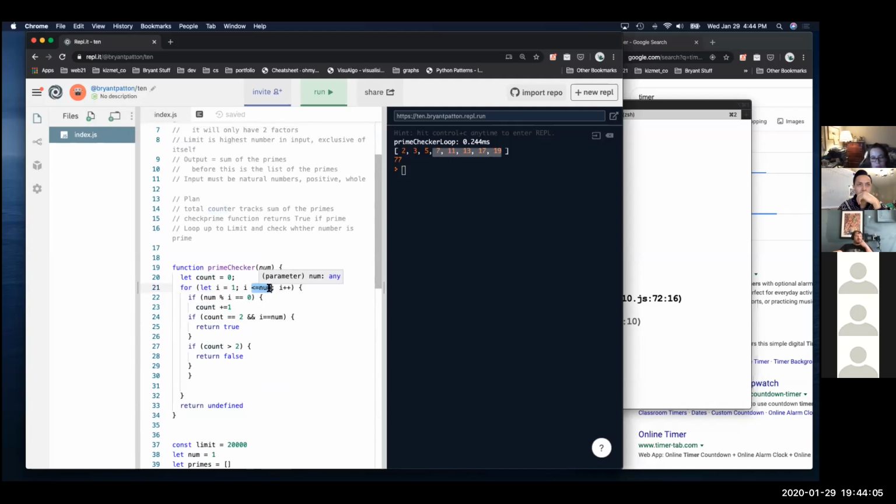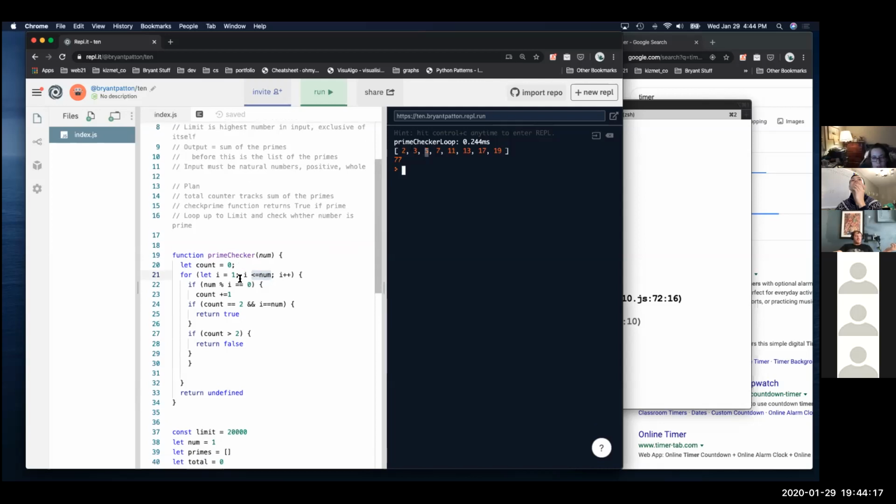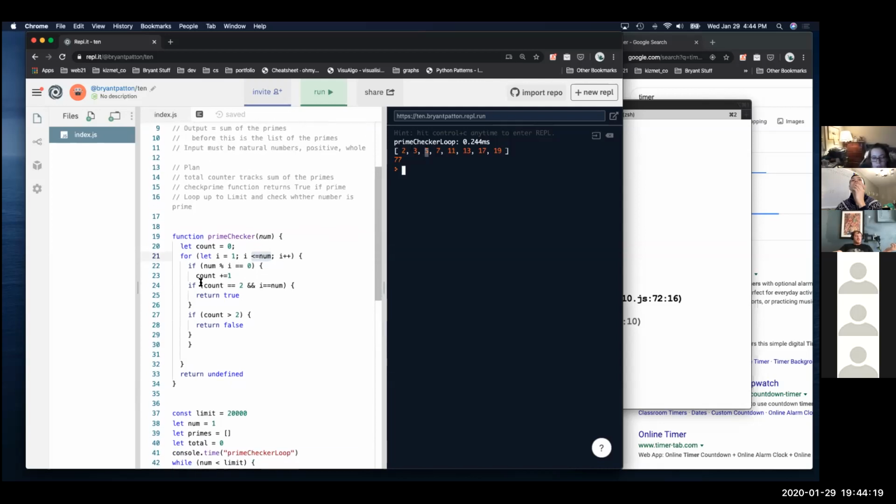Right. Yeah. So we're looping. If the number is 5, we're starting at 1 through 5, and count is the number of divisors. So num modulo i: if it's 0, then it's a divisor.